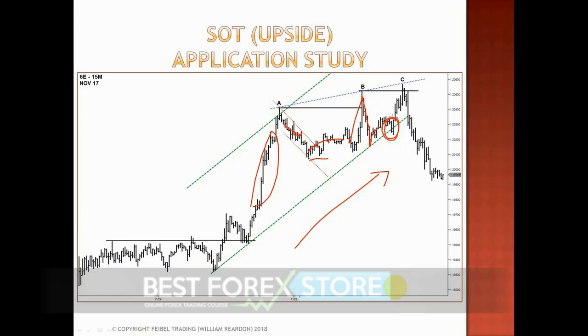Then we drive up. But here, when we notice the shortening of the thrust in the bars, the highs, there's not enough demand to reach the supply line from our channel. And also, what does shortening of the thrust mean? Either A, demand is tiring, or B, the presence of supply.